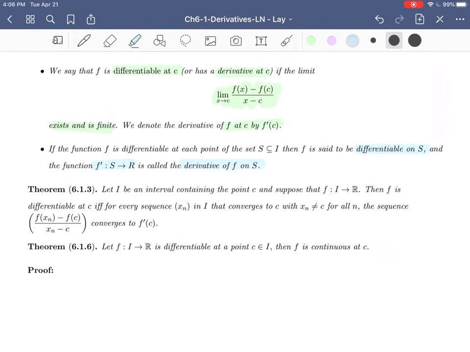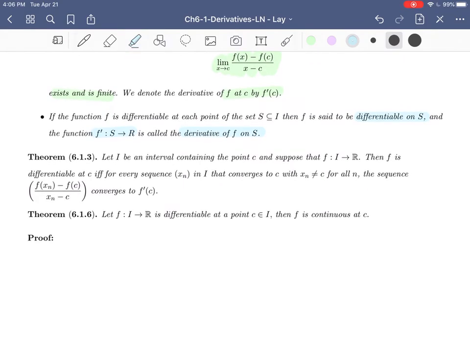With those, we then have some theorems that are going to be true. So let I be some interval containing a point c, and suppose that f maps from I to the real numbers.